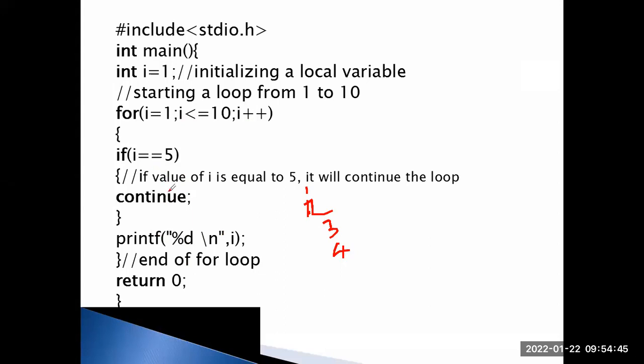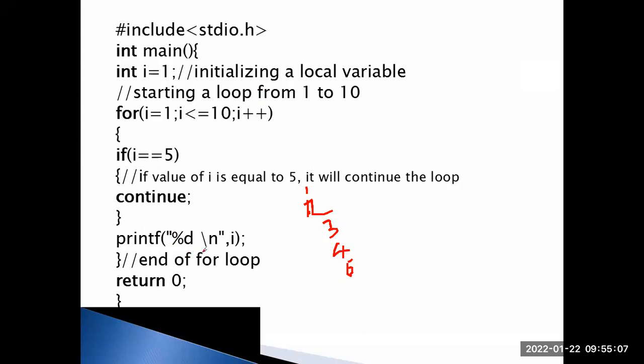Then it will not go to the print statement. It will simply move to the i++, that is, i will be incremented by 1. Then the condition is false, so it will be printed. That means we are skipping one value, that is 5. For skipping 5, we use this continue statement.